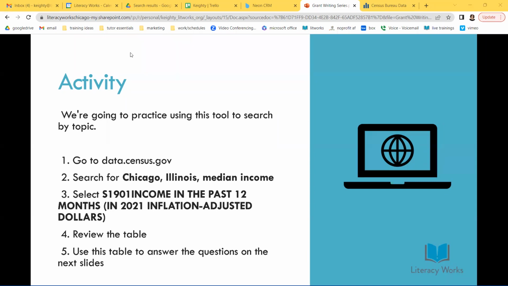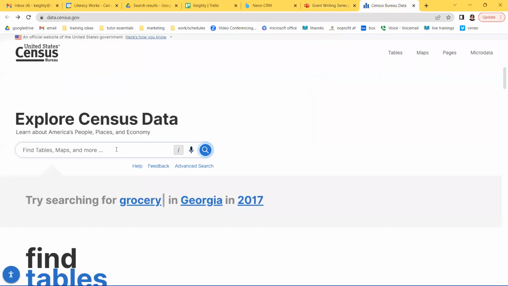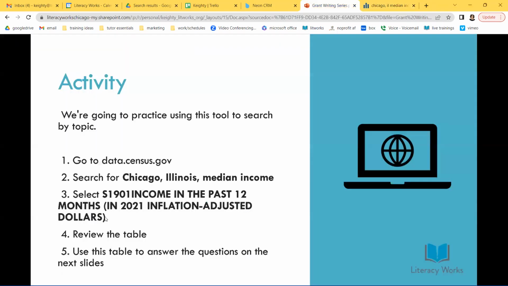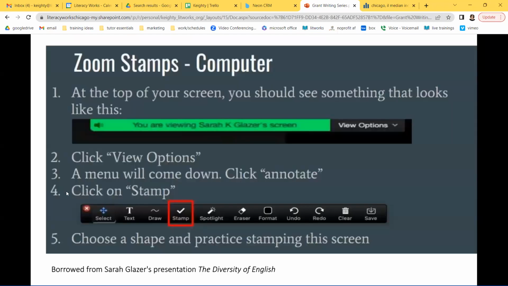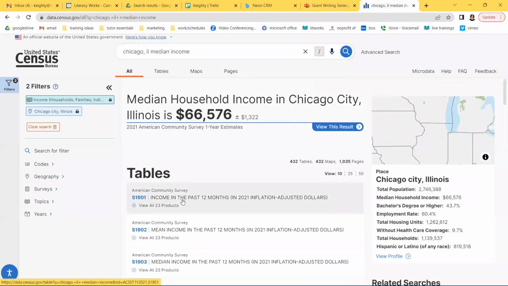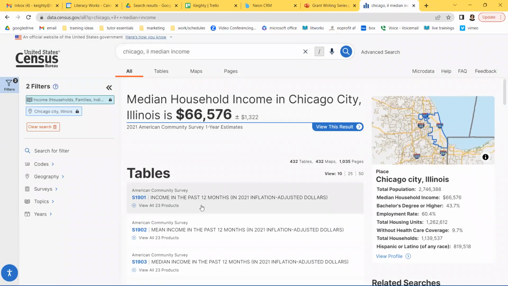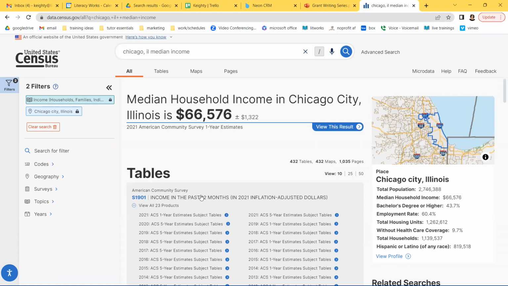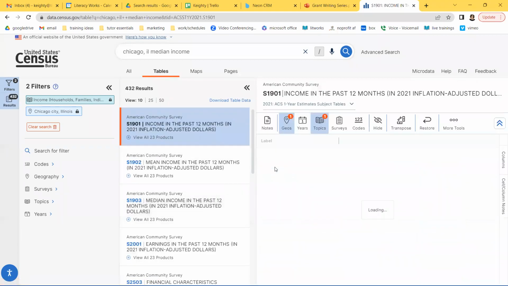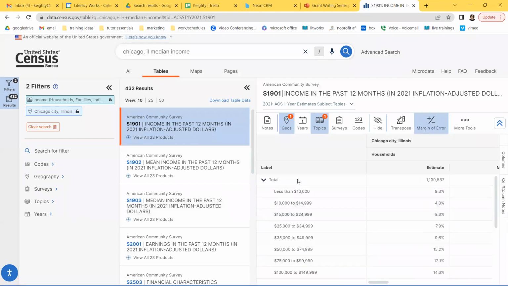I'll show you what I mean. Click on this S1901, the very first one, income in the past 12 months. Click on the table so it opens, and then you can see this information.